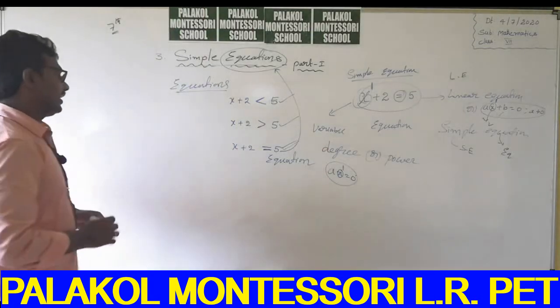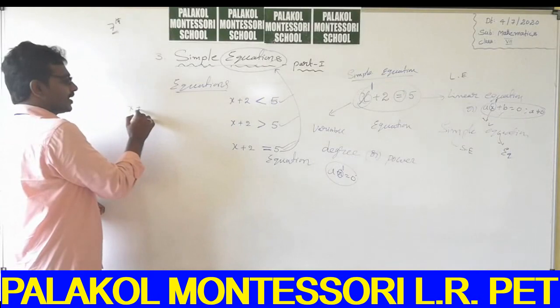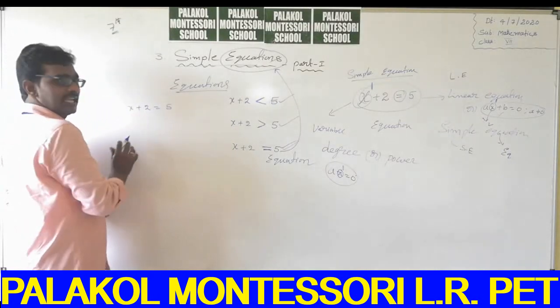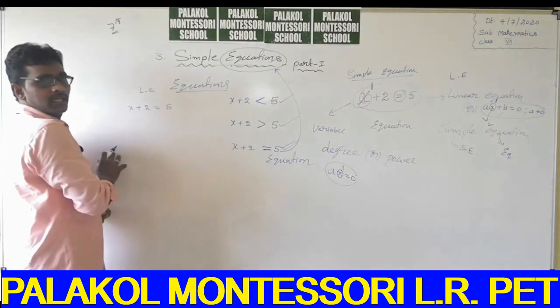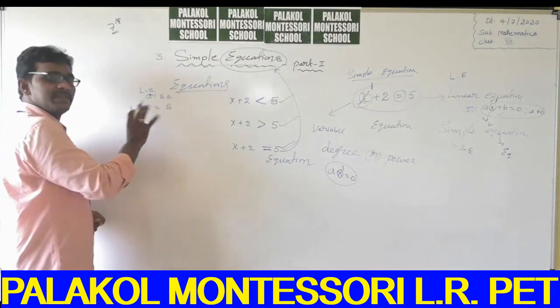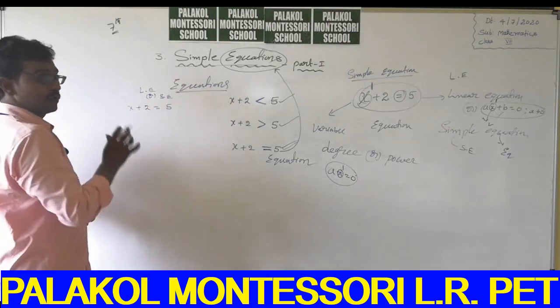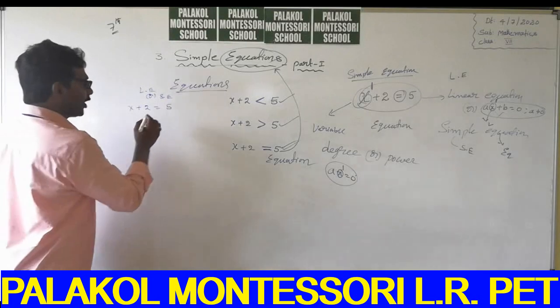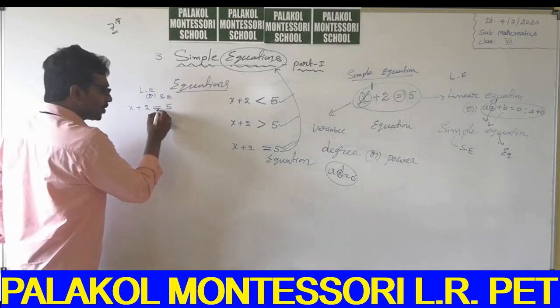Now come to the point. For example, x plus 2 is equal to 5. In linear equations, LE means linear equation, and SE means simple equation. Two parts are there, according to the equal to sign.